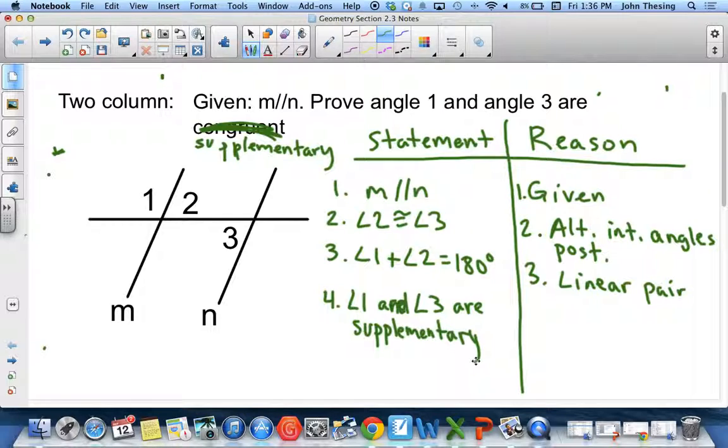You have to be very precise. So angle 1 and 3 are supplementary. The reason for that is the definition of supplementary angles.